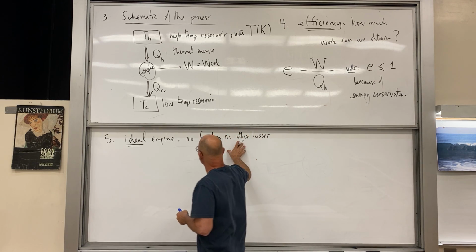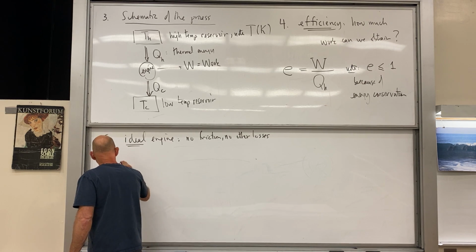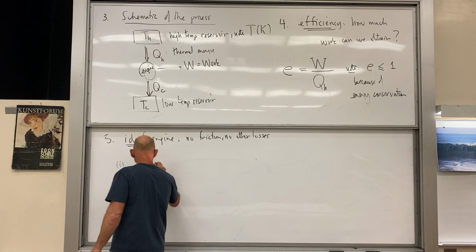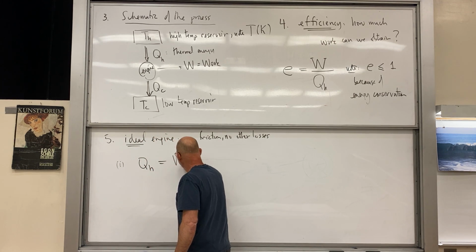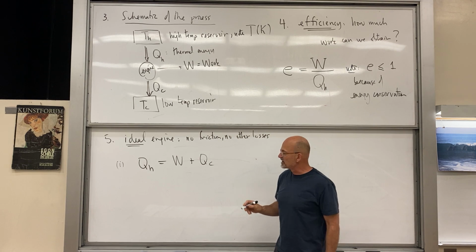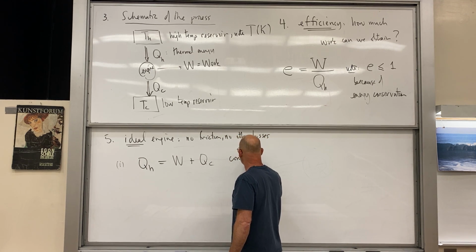We know no friction, no other losses. And we now can just write energy conservation down. So QH, the energy in, is going to be work plus QC, the energy out. Okay. So this is conservation of energy.